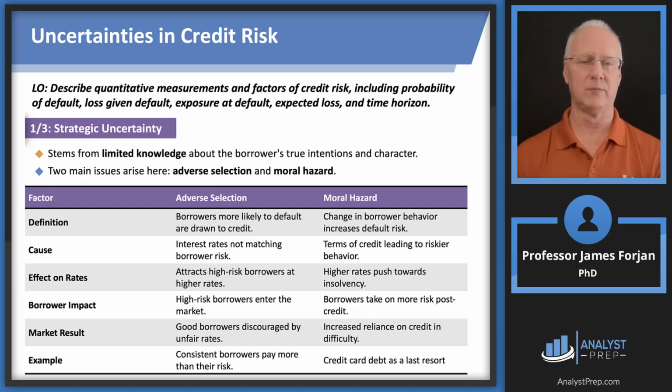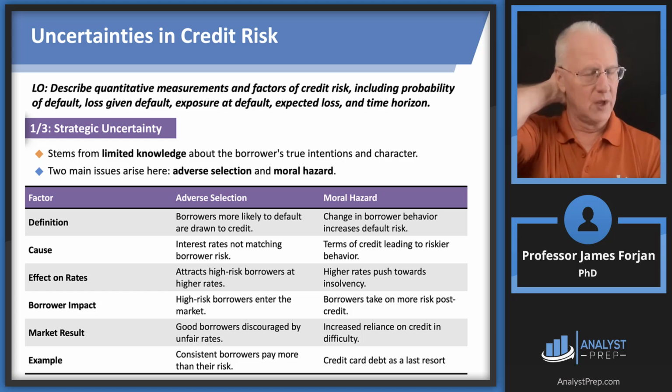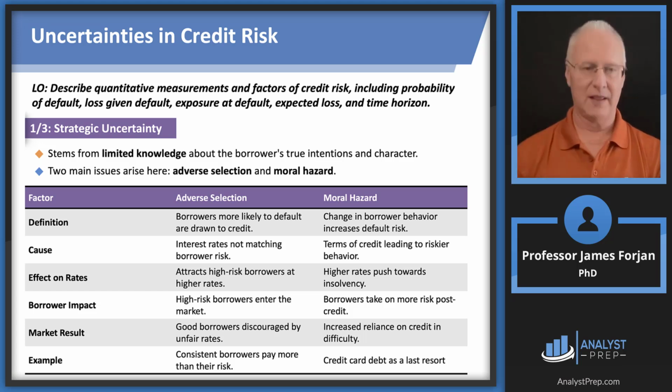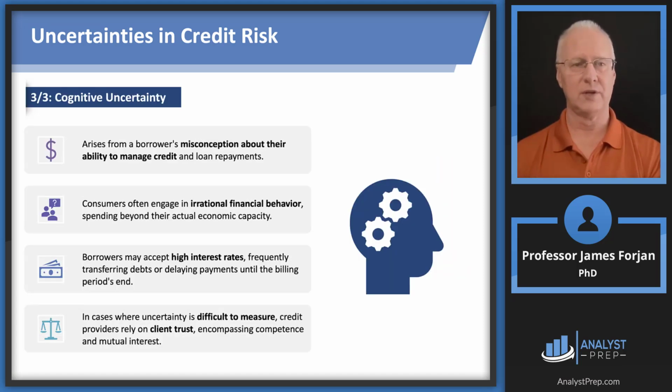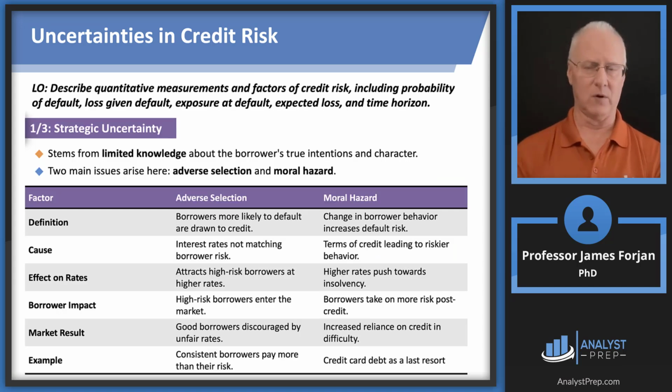Now, this is where I think it gets super interesting in terms of being able to identify potential exam questions. So it's very clear inside of the chapter, and I'm going to skip ahead a second. So watch this, 1 out of 3. There's strategic uncertainty, there's occasional uncertainty, and there's cognitive uncertainty. So these are really great exam questions.